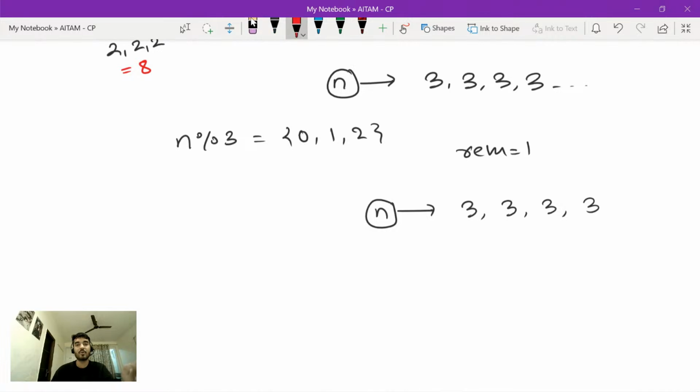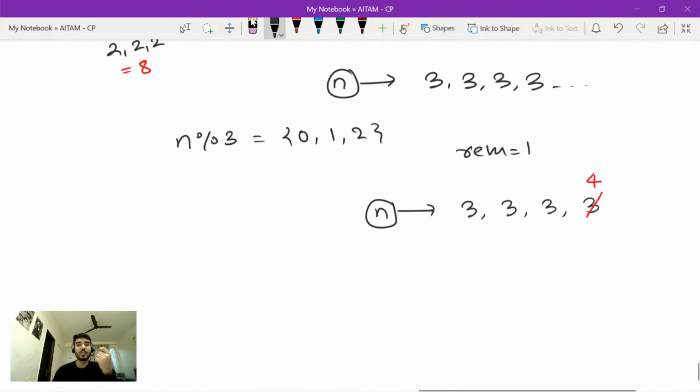To get the maximum product, if you just simply put a component of size 1 here, then your product won't change. Your product will remain as it is. So it's better to increment the size of some component and make it equal to 4.